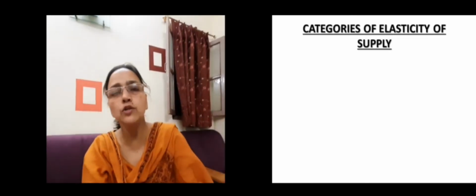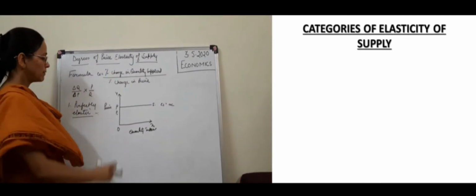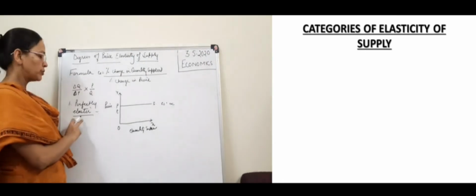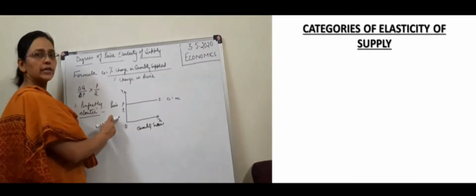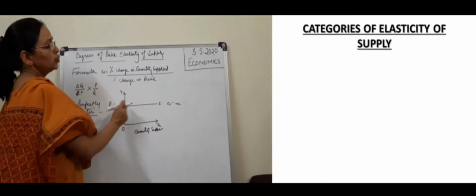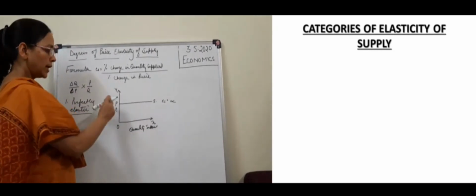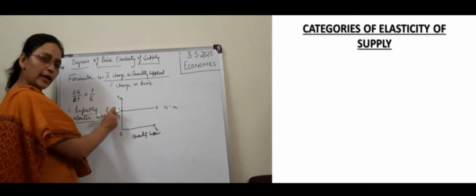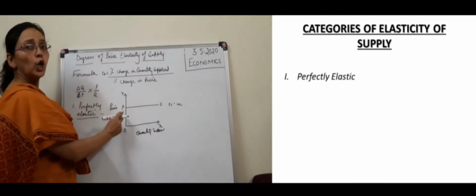I'll be explaining the theory and the diagram simultaneously on the board. We are studying degrees of price elasticity of supply. The first degree that I will take up is perfectly elastic supply. OX axis shows quantity supplied, OY axis shows price. For perfectly elastic supply, the supply curve will be parallel to the OX axis, telling us that the firm will supply everything at a given price and nothing at all at a slightly lower price.